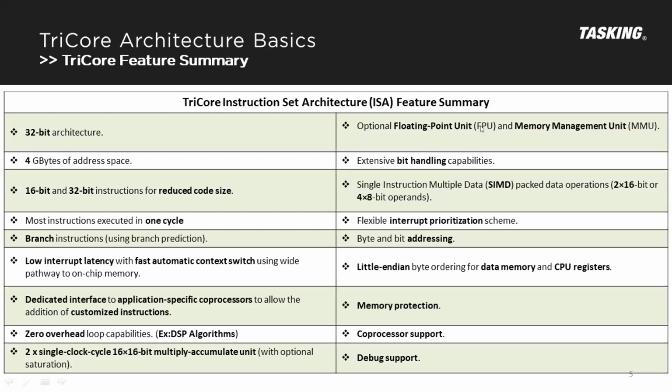Optional means it could be on some derivatives, and on other derivatives these components don't exist. Some derivatives have an FPU, which stands for floating point unit, and you will also find another optional component called MMU, or memory management unit. We will see in detail what these modules do exactly, and how you could use them for your application in the next slides.